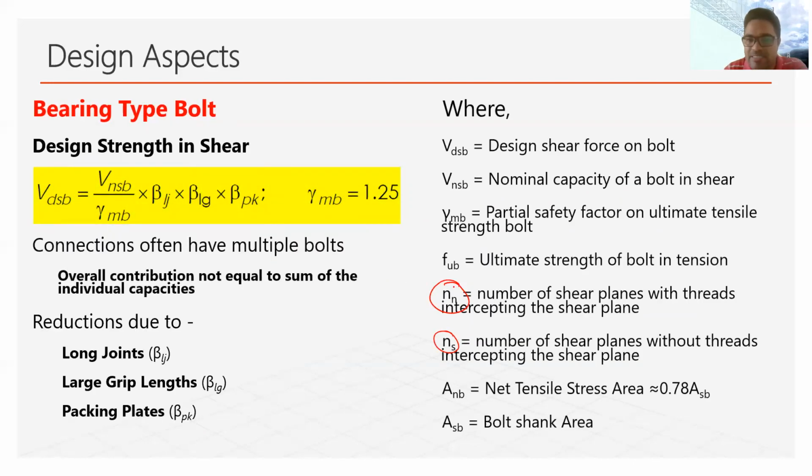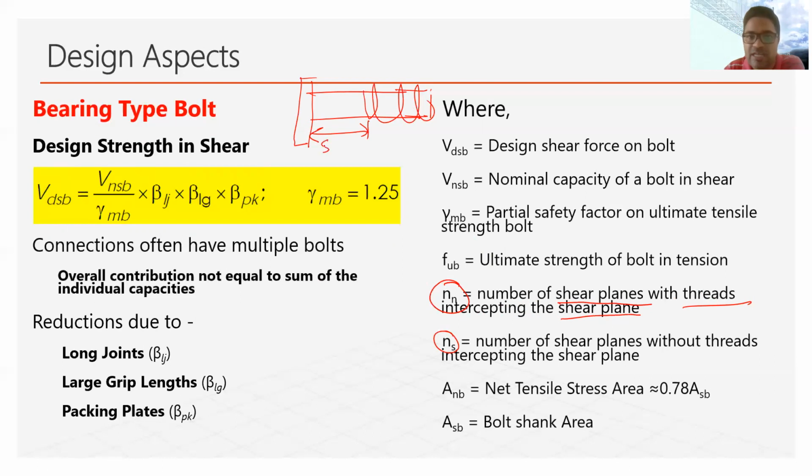Here it says NN is the number of shear planes with threads intercepting the shear plane. A bolt may have some threads and may have shank. As we know, a bolt is composed of this kind of configuration, and within some length there are threads, and this may be without thread.